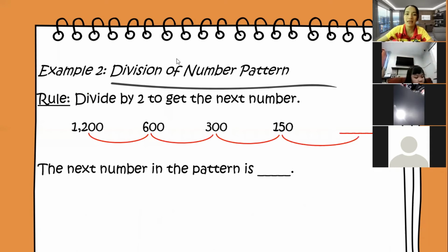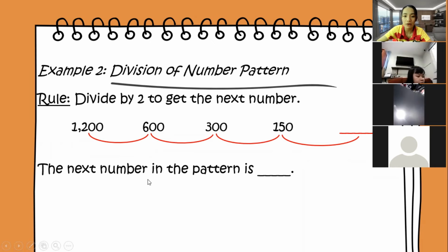This time, it is division of number pattern. The rule here is divide by 2 to get the next number. For example, we have 1,200, 600, 300, 150, and blank.